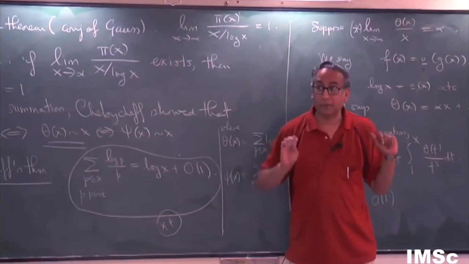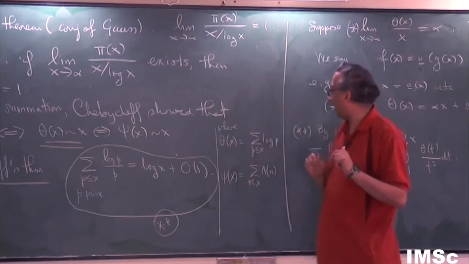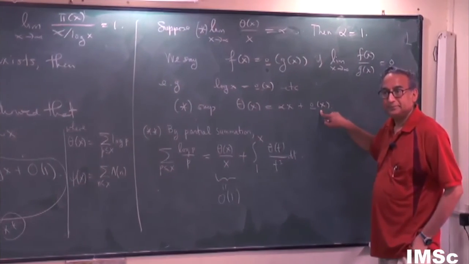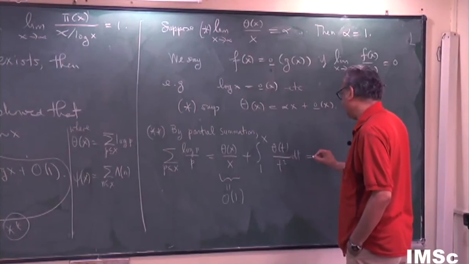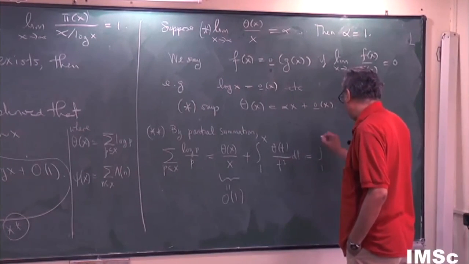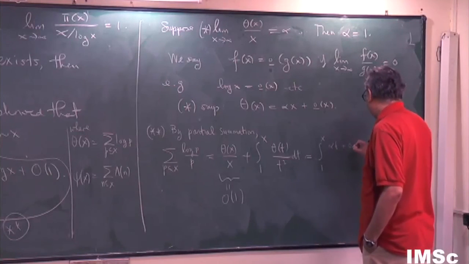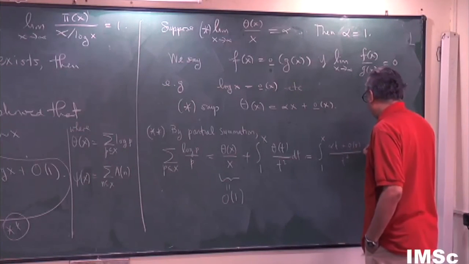So that's kind of the proof, but there's something wrong with that proof. What's wrong is how you treated the little o factor. It's not quite right to say that this is equal to the integral from 1 to x of alpha t plus little o of t. You should know how to use this little o symbol carefully.